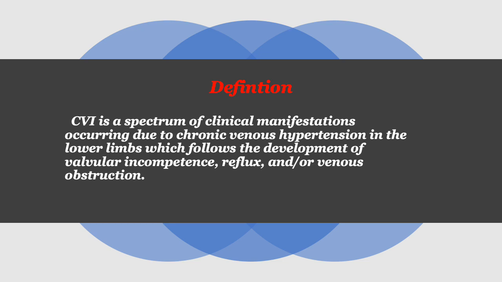So, the secret behind CVI is chronic venous hypertension in the lower extremities, whether in the superficial venous system or in the deep venous system, or sometimes in both.